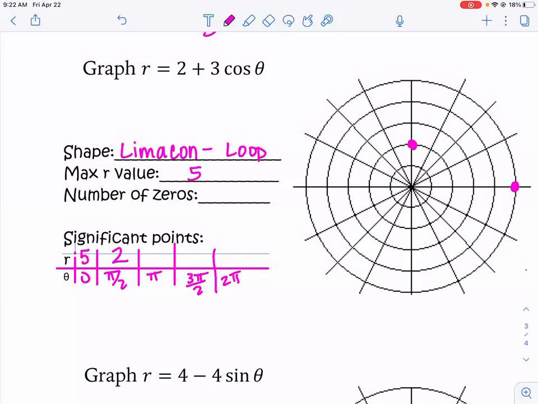Think silently in your head about what the cosine of pi is. If we have 2 plus 3 cosine of pi, we get 2 plus 3 times negative 1. Okay. Ooh, so we have -1. So pi, but then let's go backwards 1.